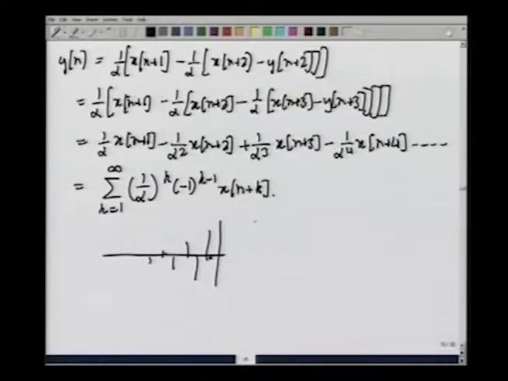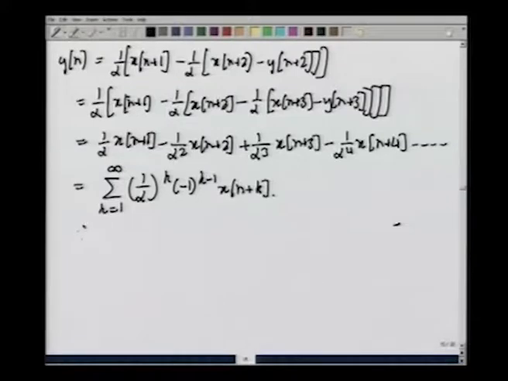Clearly now it appears that, well, this is a little premature, so let's just take this all the way and write the impulse response first.